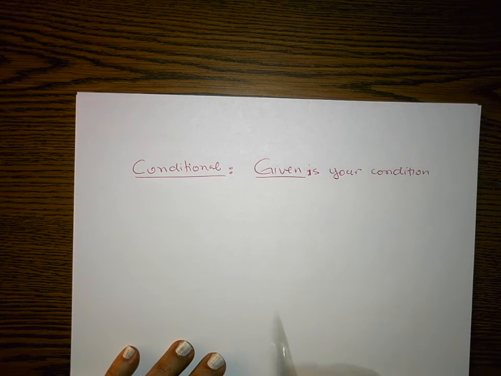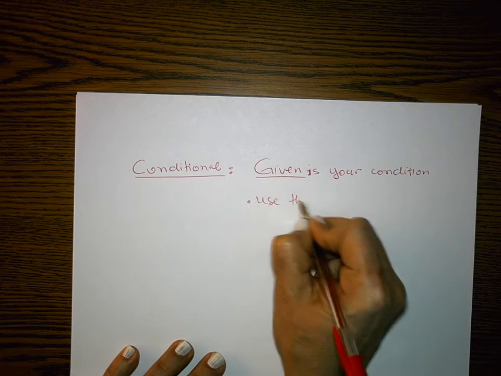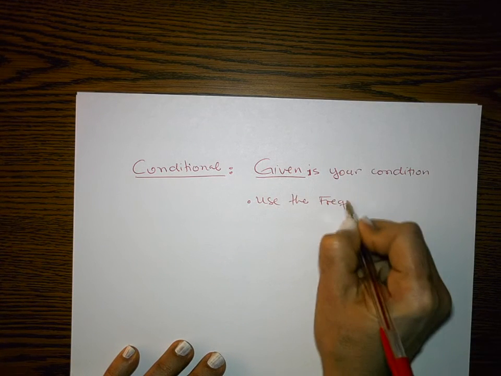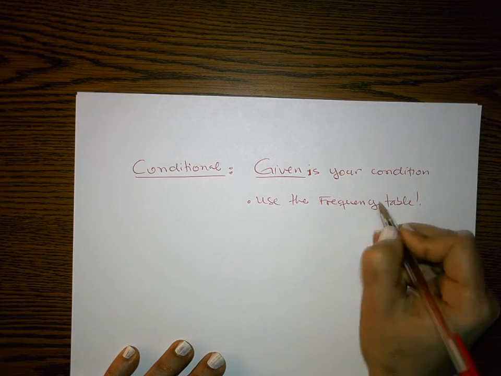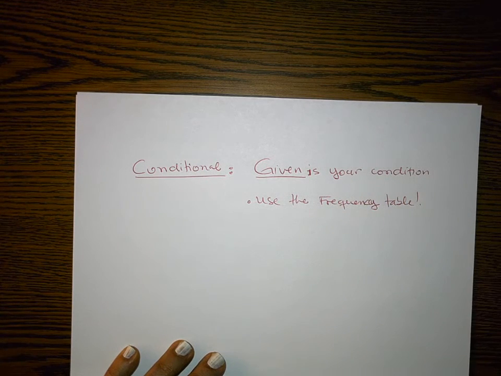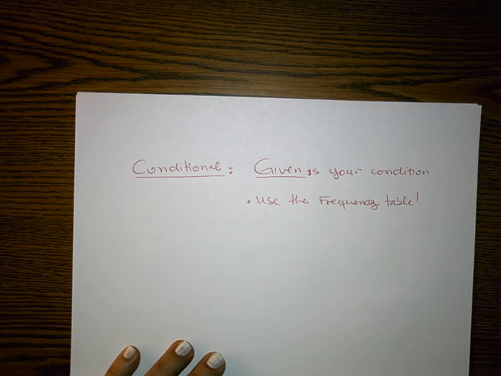You have to use the frequency table. Okay, make sure you use the frequency table, not the relative frequency, to answer the conditional questions. Let me show you an example. I can ask you a question that is conditional. Let me use the original table, because that's what I say here.